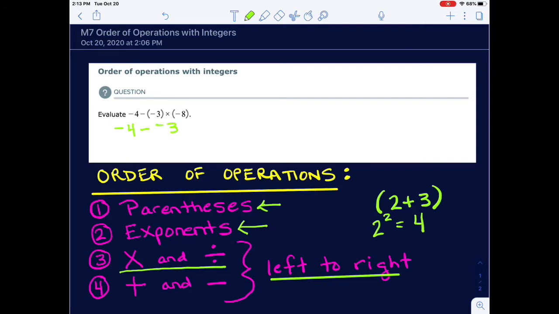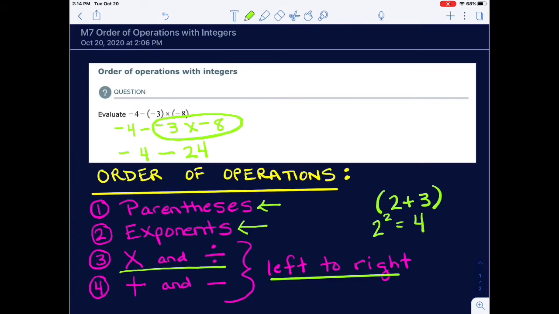That looks a little bit confusing. Times -8. And here's what I need to do first. I need to do -3 times -8. Negative times negative makes a positive, and so -3 times -8 is 24. I'm going to keep this -4 minus just the way it is.